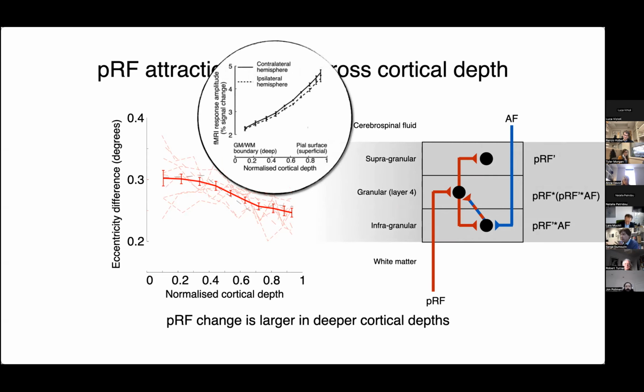You see in the contralateral hemisphere the signal is a little bit increased, but there isn't a big difference in the signal amplitude, not as much as we see in the PRF positions. This relates to the idea that you need some signal to estimate the PRF positions, but if you have more signal, the PRF positions don't systematically change with signal to noise.